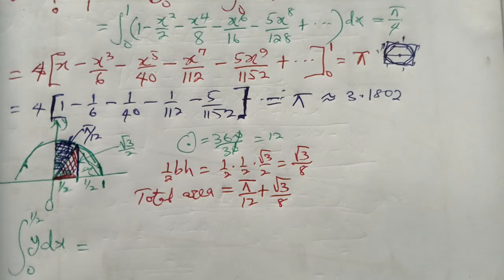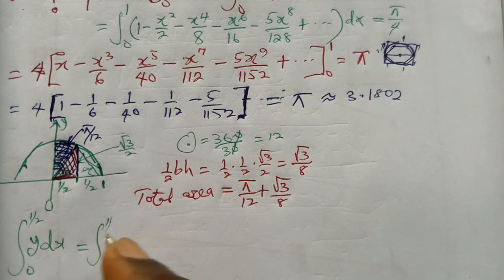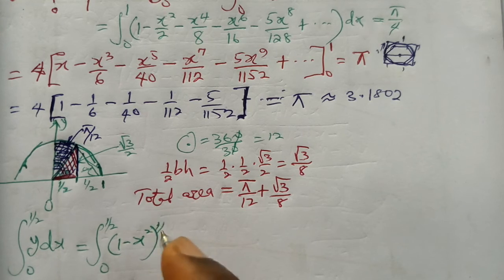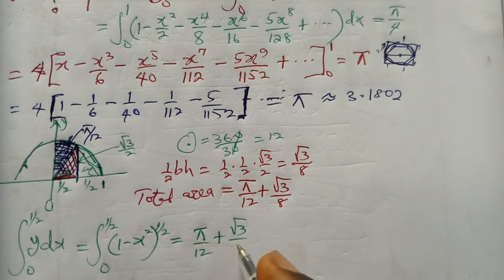Let me write that this thing, for instance, is the integral from 0 to half of (1 minus x squared) raised to power half, and it's equal to pi over 12 plus root 3 over 8.